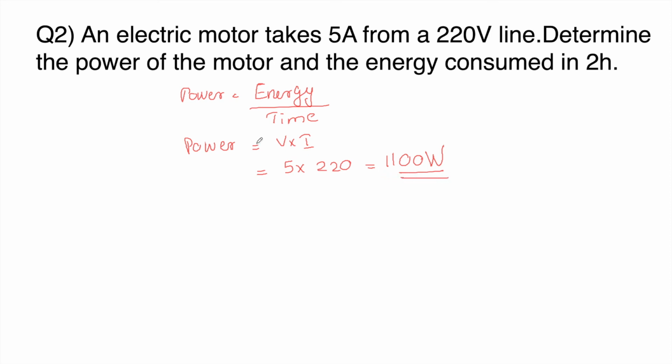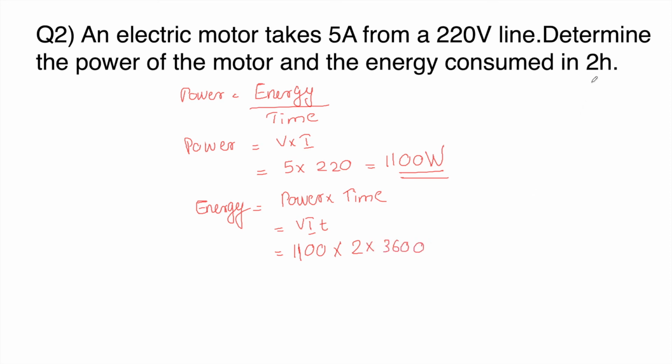Now we have to find the energy. So energy is power into time, that means V into I into T. V into I we already got as 1100. And what is the T here? 2 hours. 2 hours means 2 into 3600 seconds.